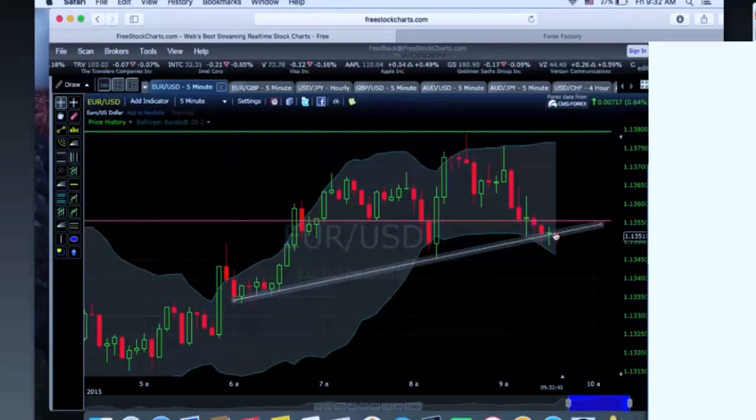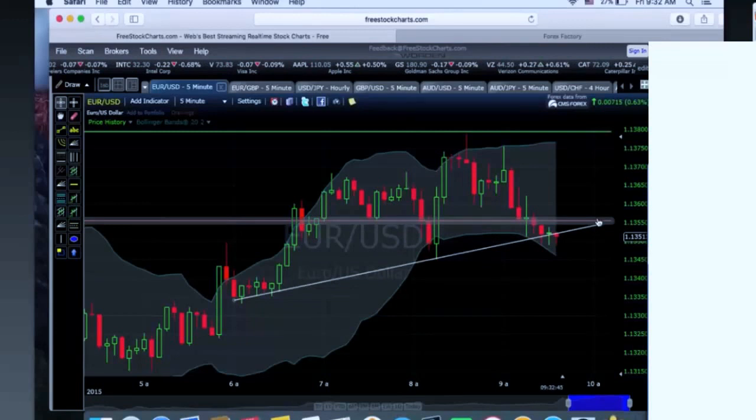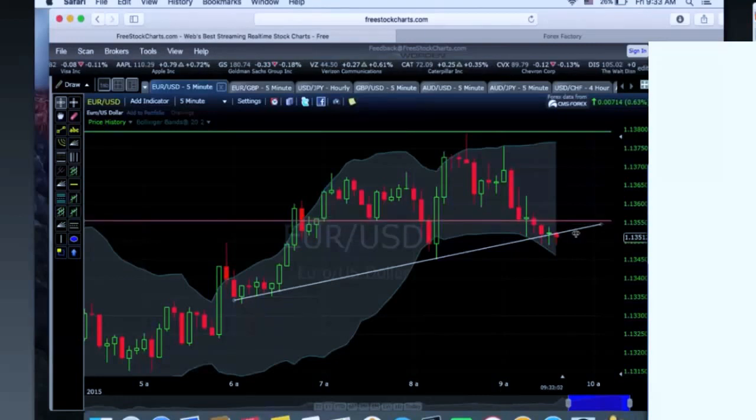Might have a nice call entry, maybe for 15 minutes or 10 minutes. But I need to see how this red candle is going to close. If it breaks the line, it might continue the pullback. But let's see. I think I can remove this line for now.